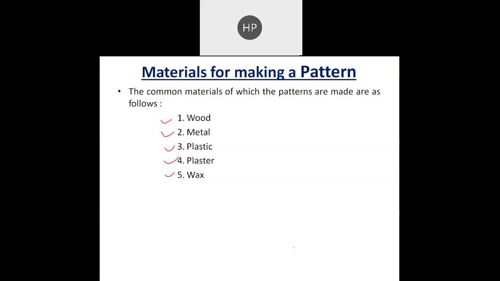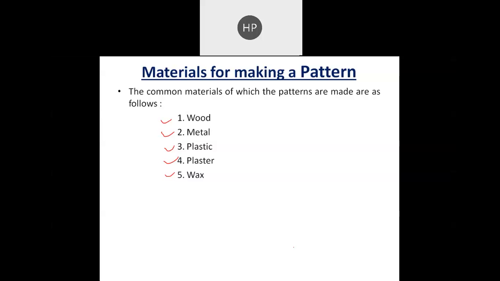So what is your requirement, and what process are you selecting for casting? Based on that, we have to select the pattern material. Either we can go for wood, metal, plastic, plaster, or wax. And we will see how all these pattern materials are utilized for making various patterns, because in our upcoming lecture we are going to see various types of casting processes.